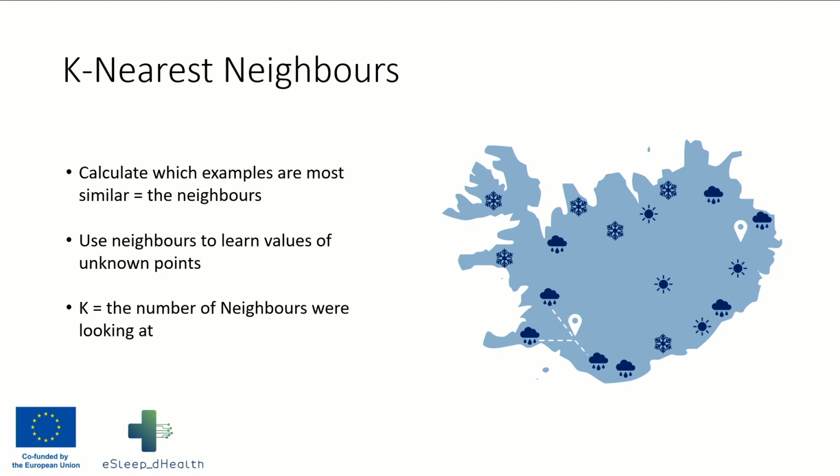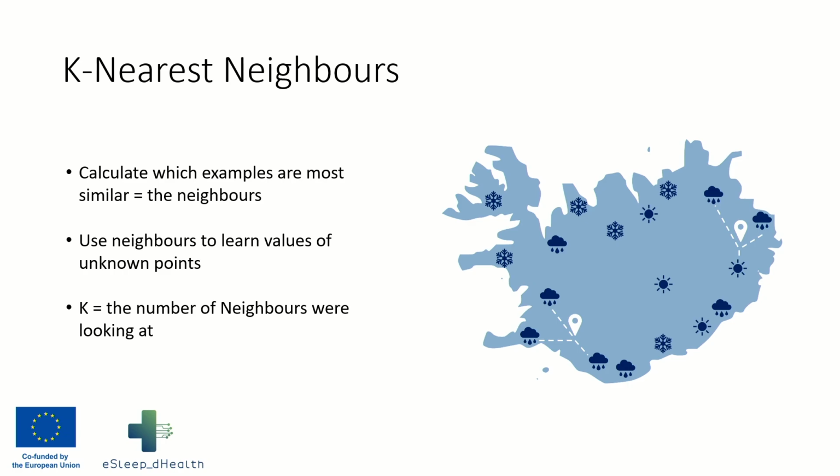Another example, this is probably Egilsstaðir. We don't know the weather there, but we do know the weather in Djúpivogur and maybe in Mývatn and, up there, Bakkagerði. And since 2 of those locations show rain and 1 of them shows sun, we would probably guess that it's also rainy in Egilsstaðir.